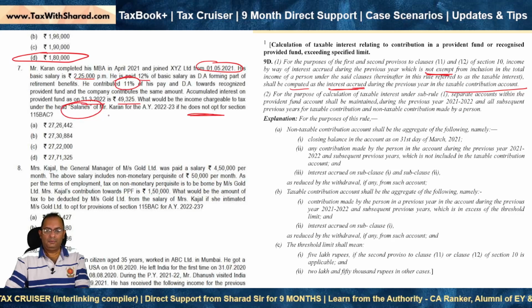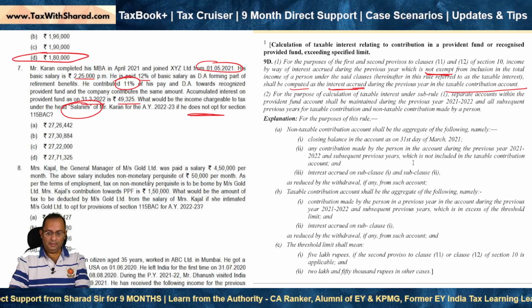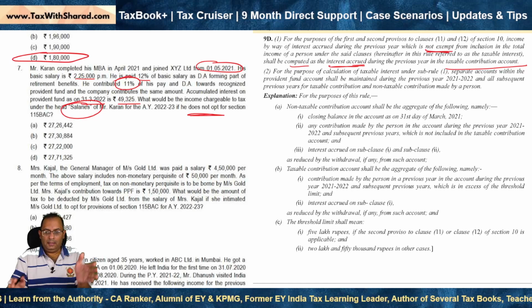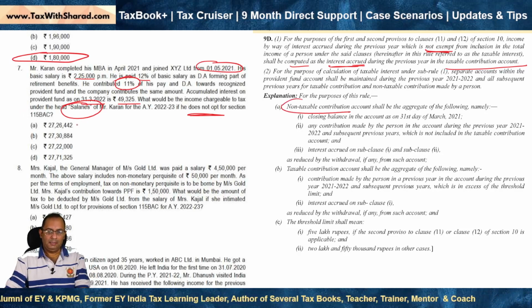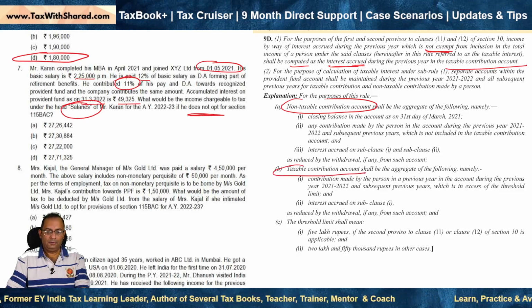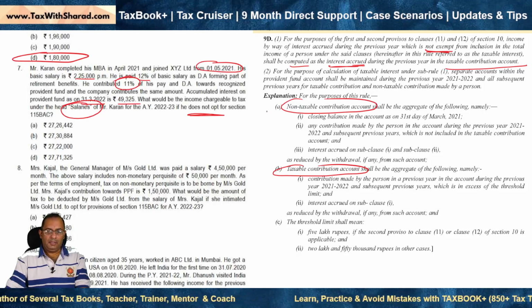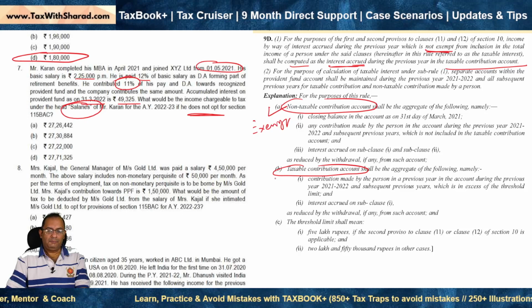That will be the amount which will be taxed. It won't be exempt, right? So basically the account for the PF will need to be split into non-taxable contribution account and taxable contribution account. The interest which is in relation to this account will be exempt, and the interest which is in relation to taxable contribution account will be taxable. We are concerned with taxable contribution account.